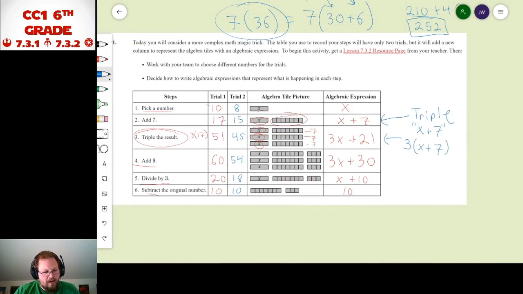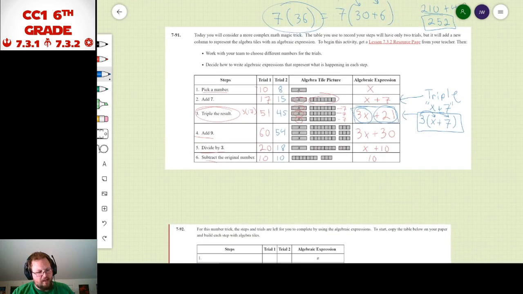So this is the main idea that I wanted to show you, is that this expression, 3 times x plus 7, is identical to 3x plus 21. And it's because this 3 got multiplied into there. 3 times x is 3x, and 3 times 7 is 21. And that's the big idea from there.